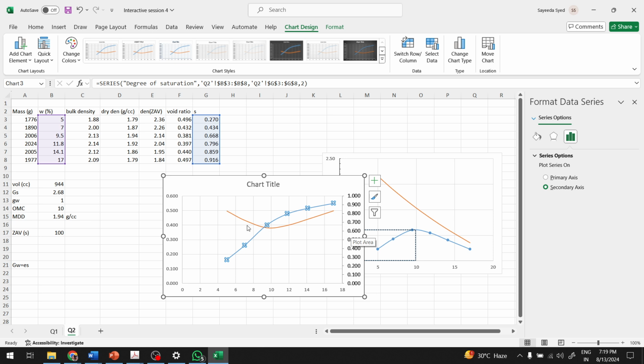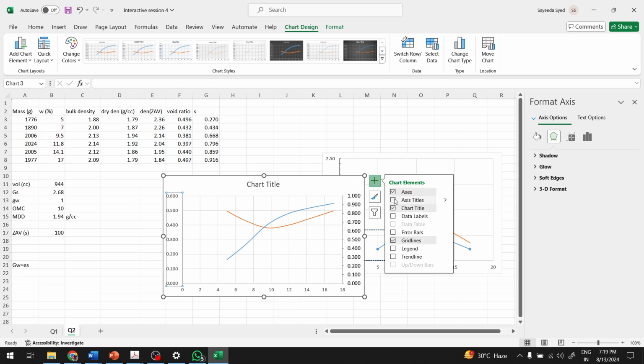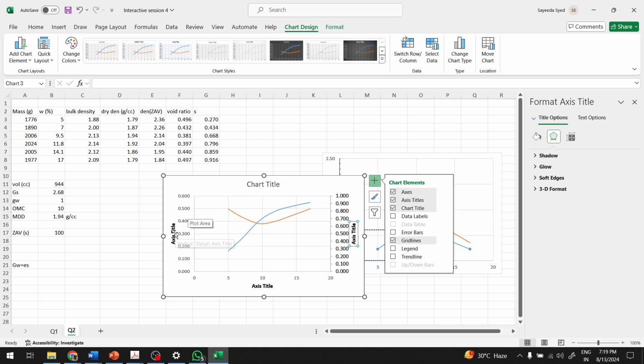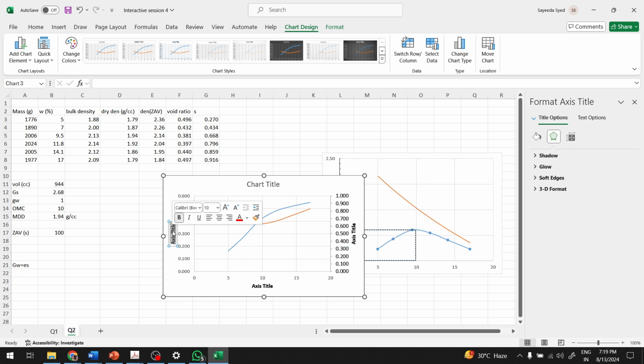So this is the axis for void ratio. Let me add axis titles. This is void ratio and this is degree of saturation, and this is water content.